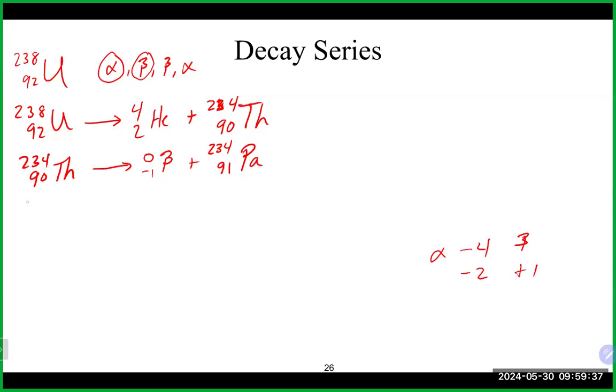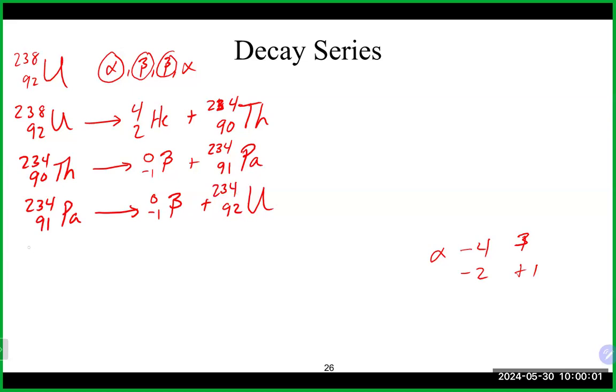Then the next step would be the one that we just created would go through the next decay process, which is our beta. Again, we have to step up 1 there to counter out the -1. That's going to take us to 92, which takes us back to uranium at 234.